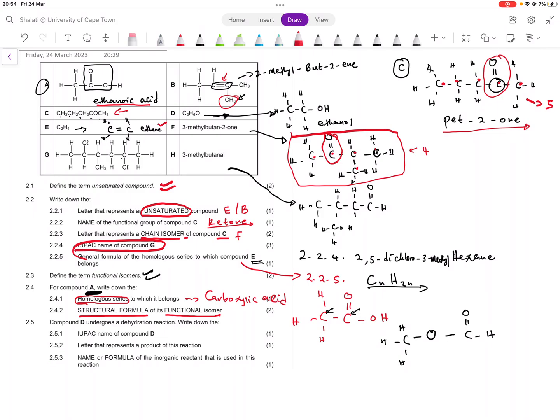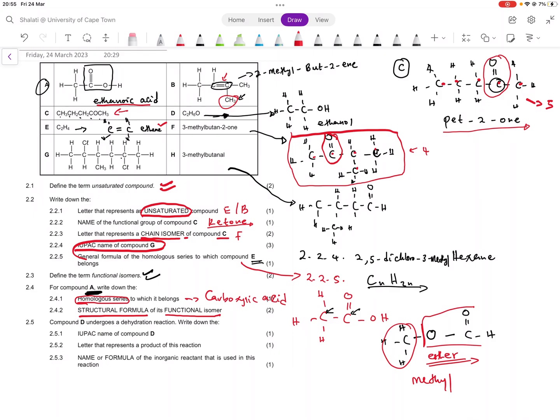So let's confirm by counting the number of hydrogens and carbons on both sides. So this one is an ester. This is the functional isomer of carboxylic acid. It's an ester, and the name is methyl for 1 carbon. Okay, remember this part is from the carboxylic acid, and that's what gets the suffix.